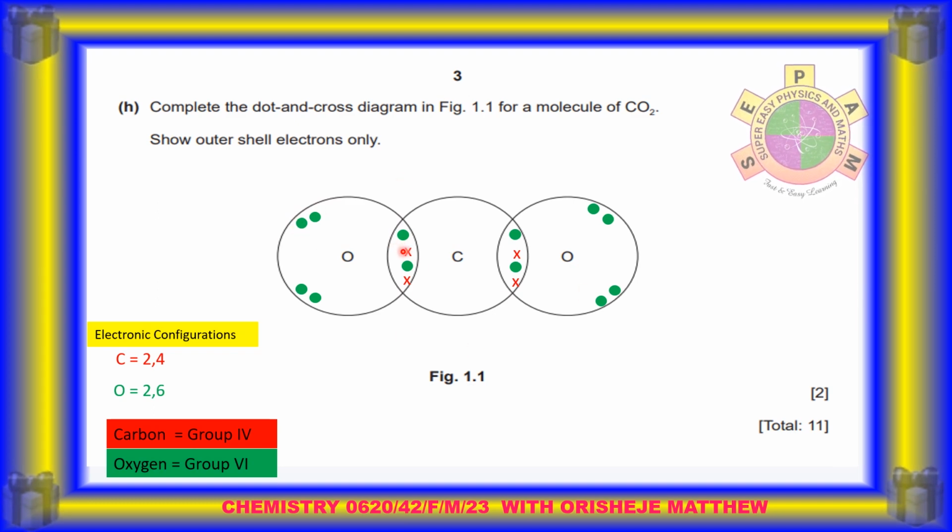Because of this, it forms a double bond. So oxygen forms a double bond with carbon. Carbon dioxide is a double covalent bond compound.